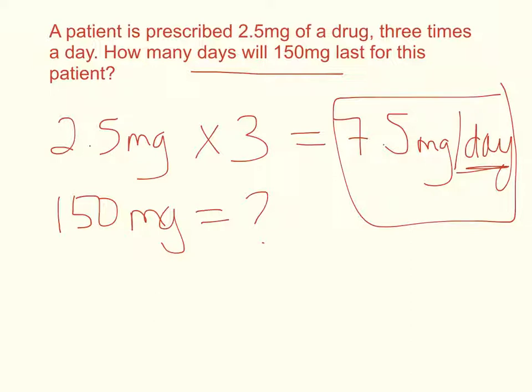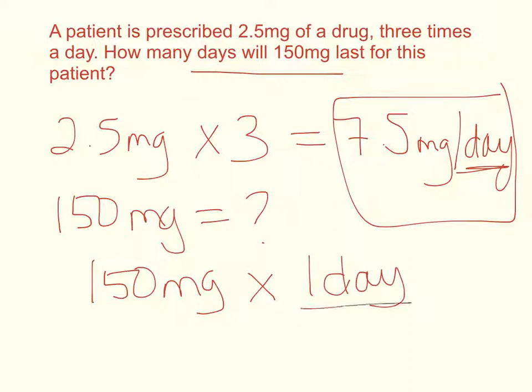So essentially what we'll have here is 150 milligrams equals how many days? So if we take 150 milligrams and multiply that by 1 day over 7.5 milligrams, our milligram units will cancel out.